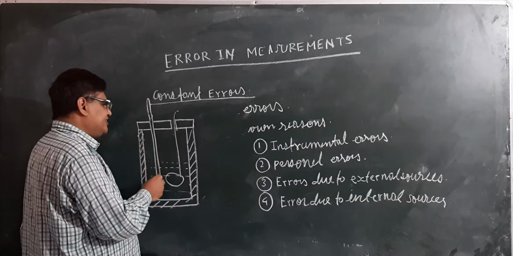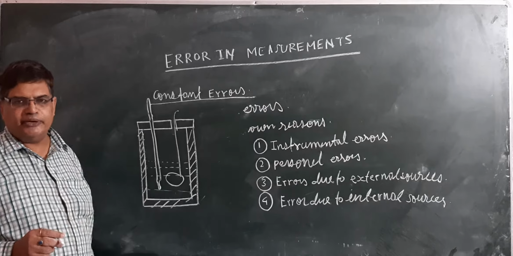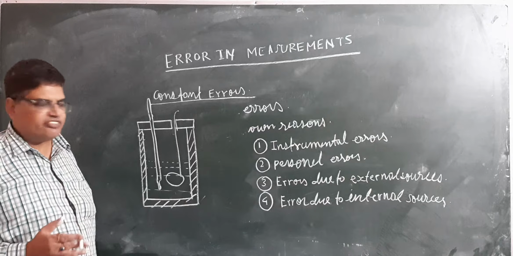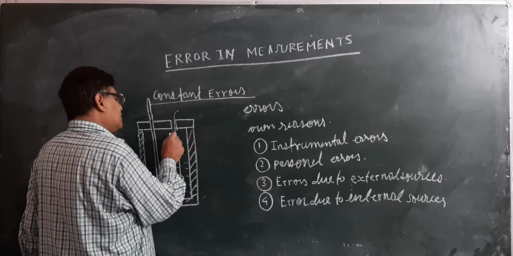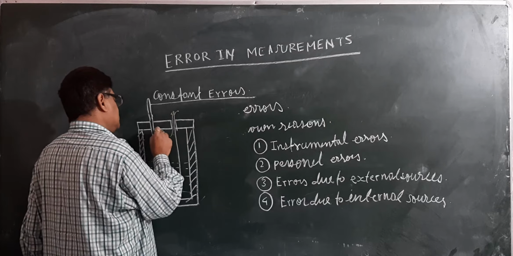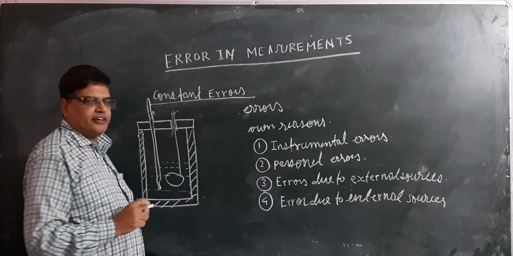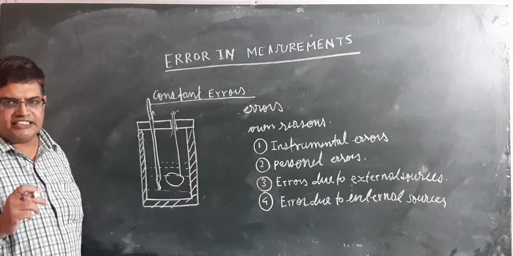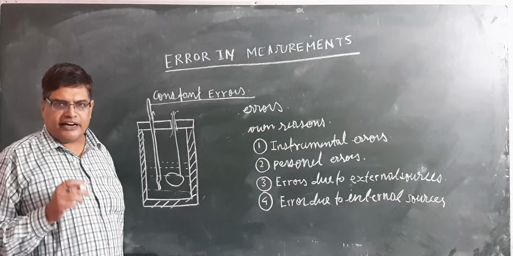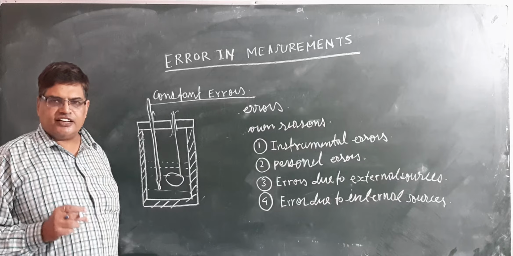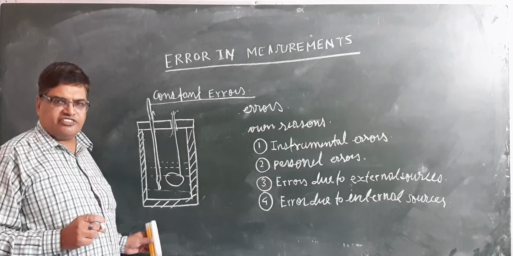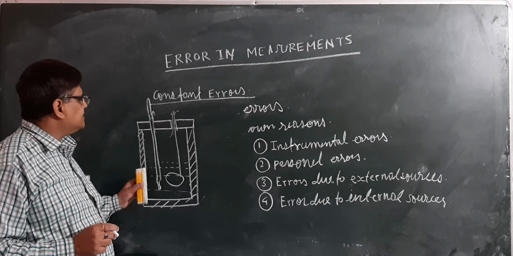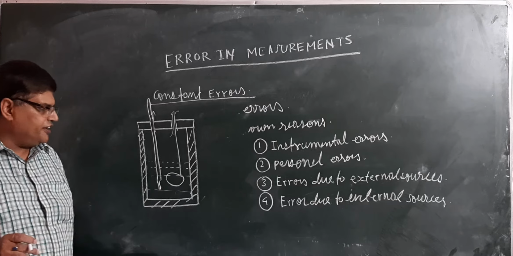So the loss of heat is minimized, but it cannot be eliminated. It cannot be totally free of loss of heat. There can be loss of heat through these holes also. In ideal conditions there should be no loss of heat, but this experiment cannot be performed ideally. So such kind of errors arising due to this kind of problems is known as error due to internal sources.